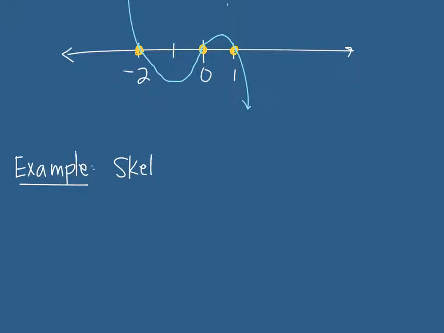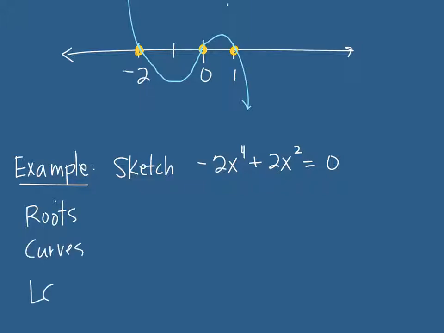Okay, last one. We're going to sketch negative 2x to the 4th plus 2x squared. And so just think through: roots, how many curves will it have, and what's the LCT? So this is the form. It's easy to tell the LCT. The LCT is the lead term, so it's negative 2x to the 4th.